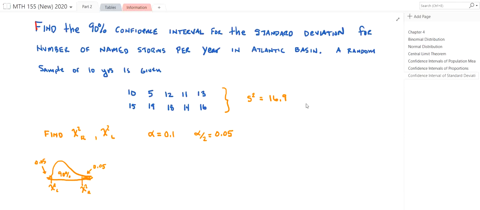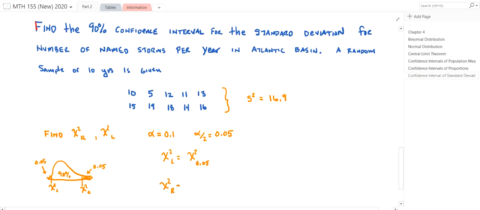So then our chi-squared left is going to be essentially what we're going to get for a chi-squared at 0.05. That'll give us this.